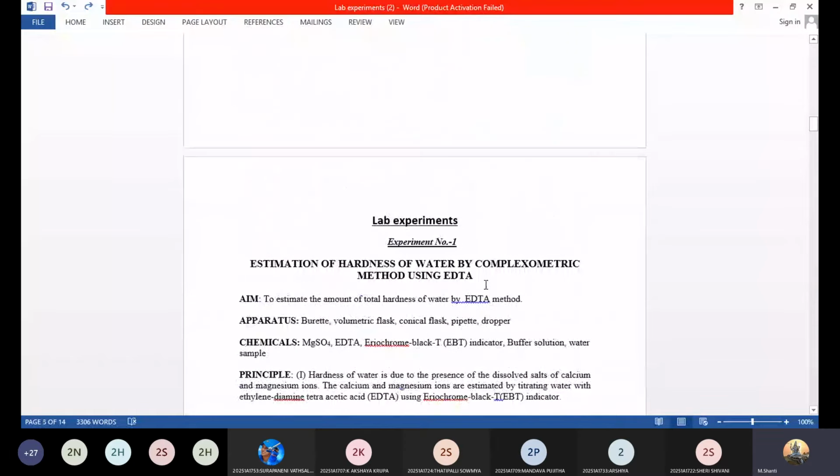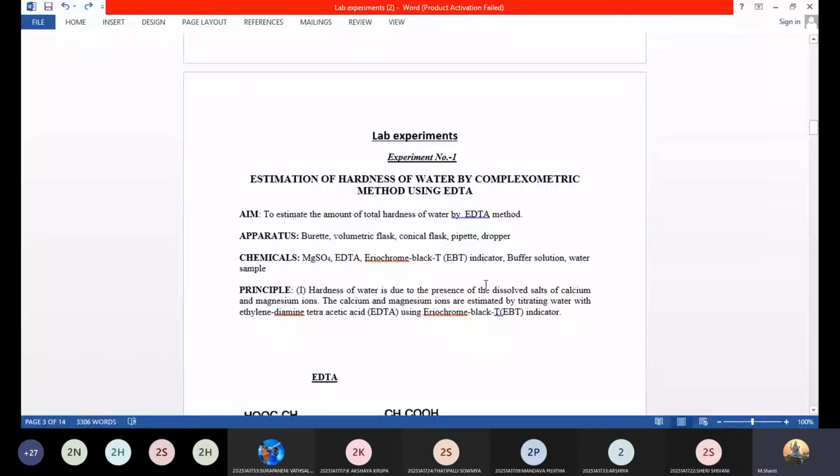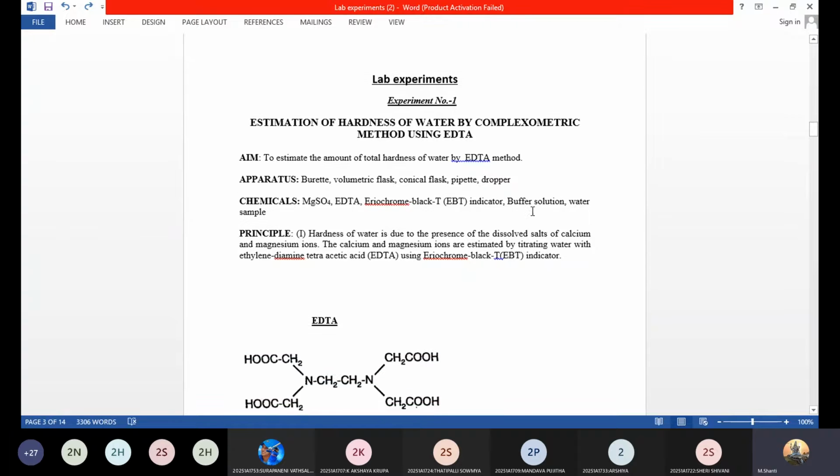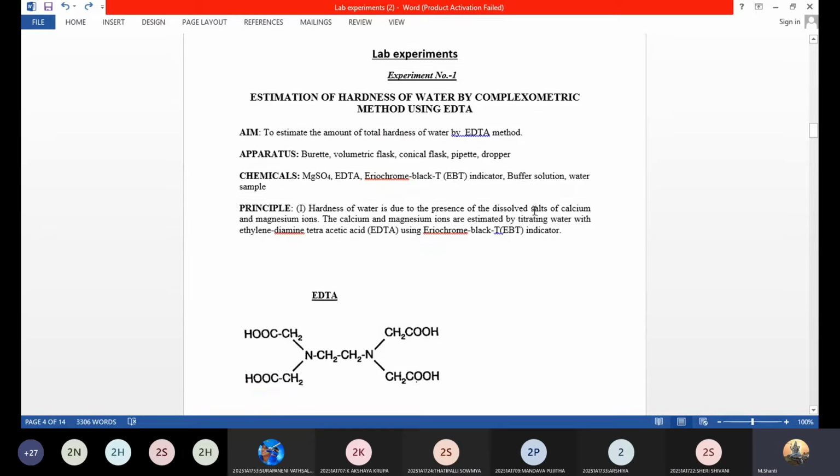When you come to the lab on 15th, I hope you have your lab session on 15th, right? Yes, ma'am. When you come to the lab on 15th, you have to be prepared with all these things, because at the end of the day, around 2:30, we'll start your lab internal exam, for which you should be thorough with all 4 experiments.